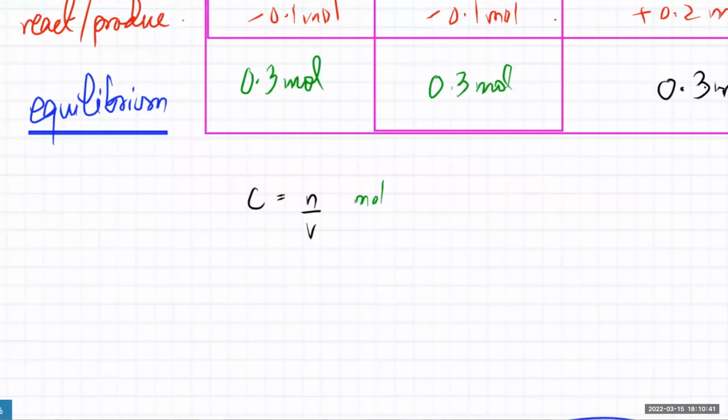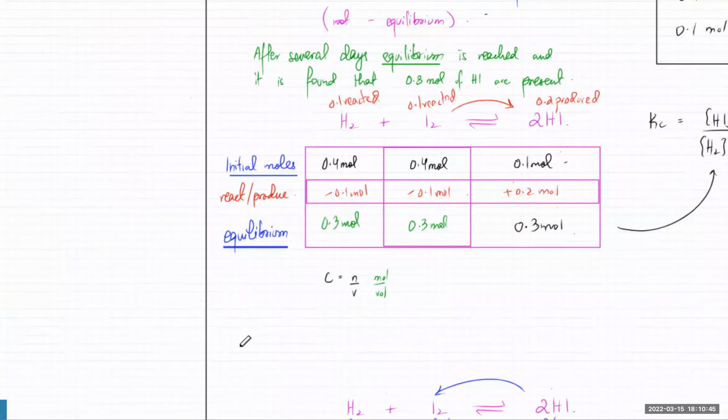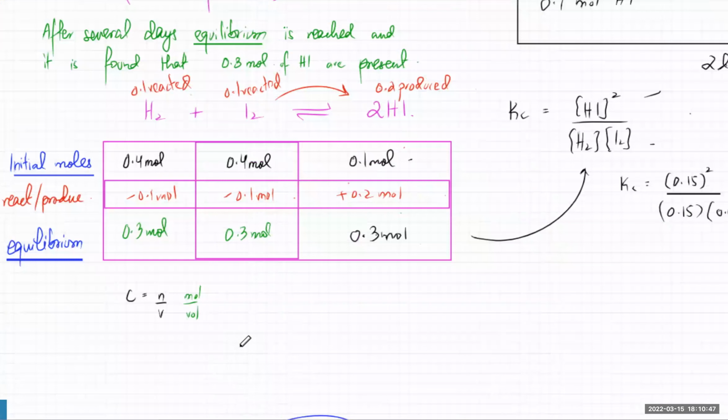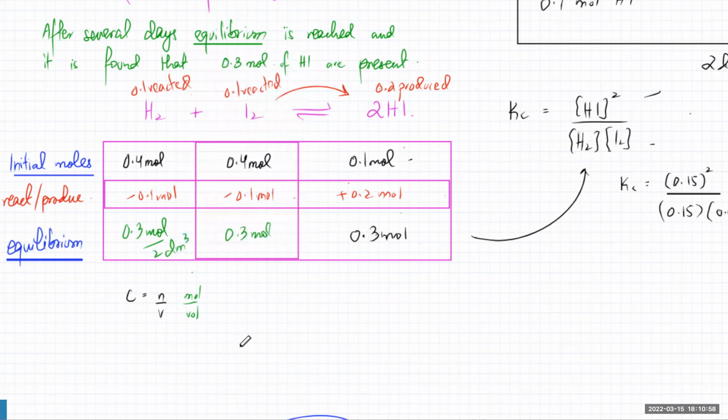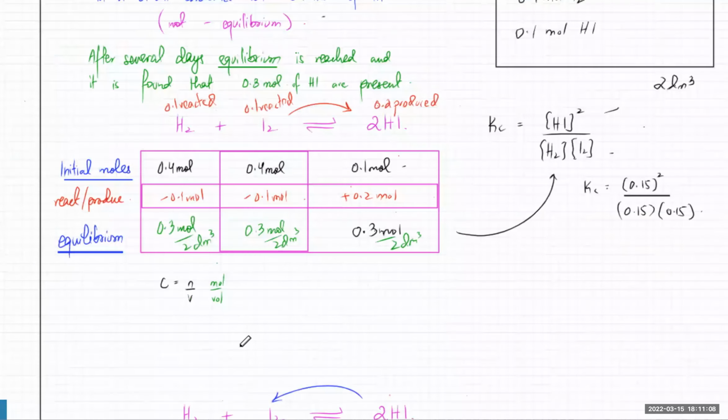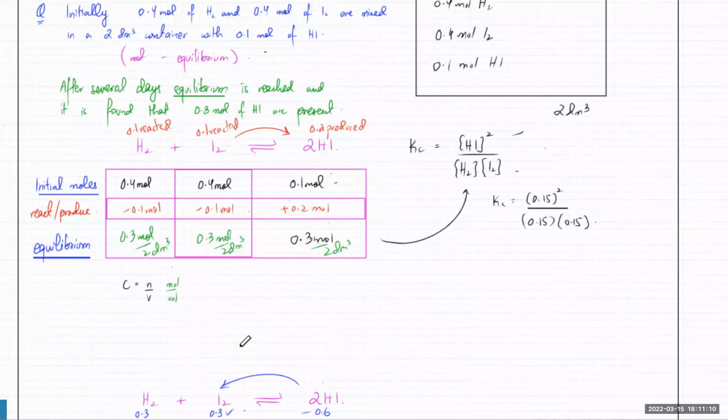So concentration is moles divided by volume, right? The container volume is given as 2 dm cube. So I'm going to divide everything by 2 dm cube, because I'm looking for concentration, and then I'm going to put it in the expression.